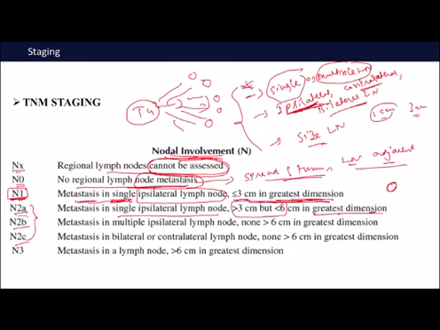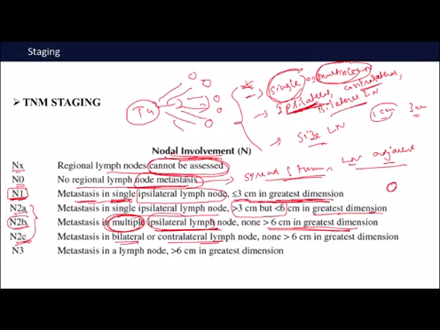Whereas in N2B, rather than single, multiple lymph nodes have started being involved, but still ipsilateral, that is towards the affected side only. But here the size is almost always more than 6 centimeter in greatest dimension. Whereas in N2C, rather than only ipsilateral, we already have multiple, plus now it has started moving to bilateral or contralateral lymph nodes also, right?